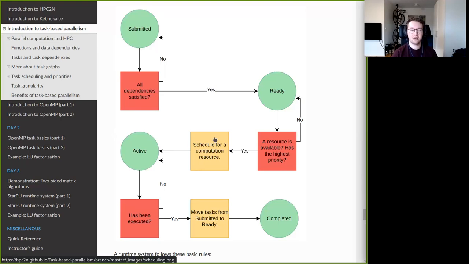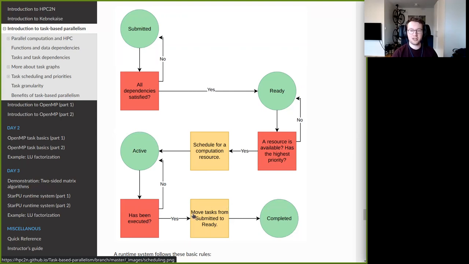And once the task starts executing, it will of course move to the active pool. So the runtime system knows that this task is currently being executed. And if the task hasn't finished executing, it just stays in the active pool. But once it's done, then it's going to transition to the completed pool.